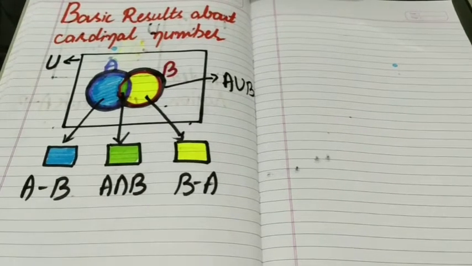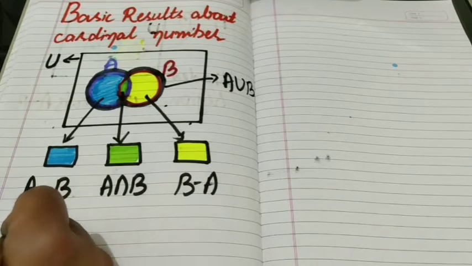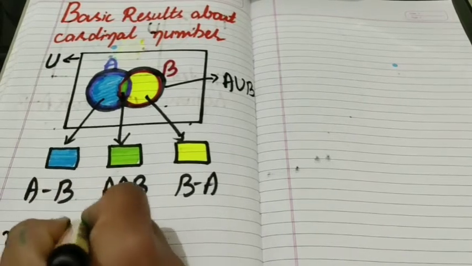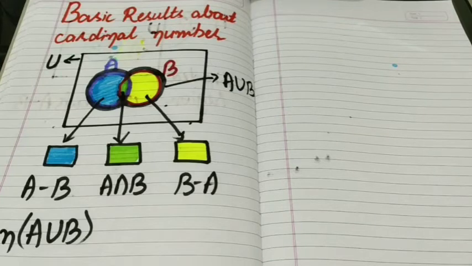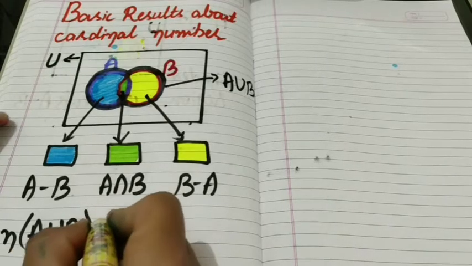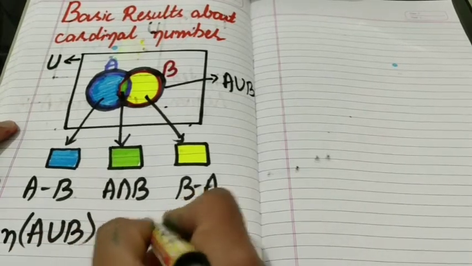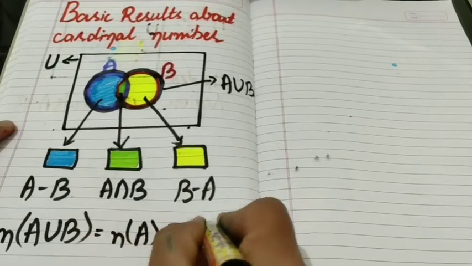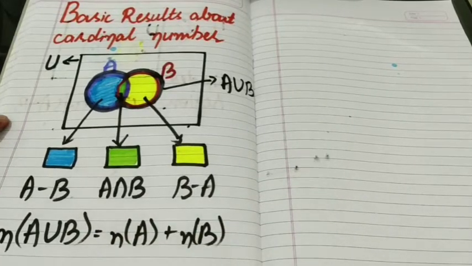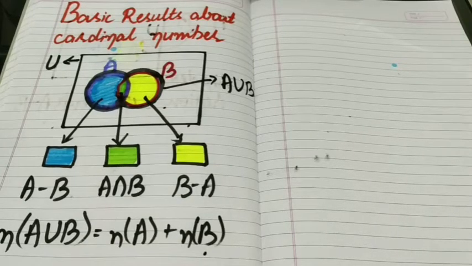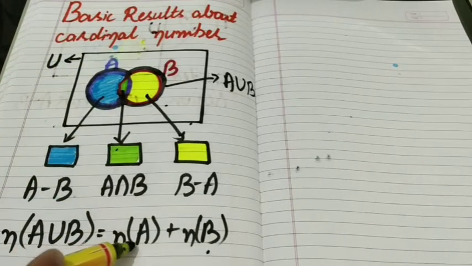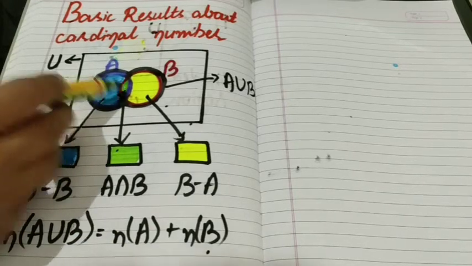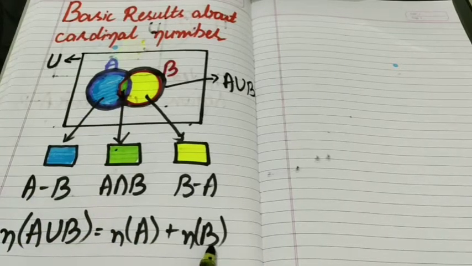So it is clear that if we are interested to find the cardinal number of set A union B, we know that set A union B includes all the elements of set A and all the elements of set B. And if we add the cardinal number of set A and the cardinal number of set B, this common portion will be added twice, because while adding the cardinal number of set A, this portion is added, and while adding the cardinal number of B, this portion is again added.